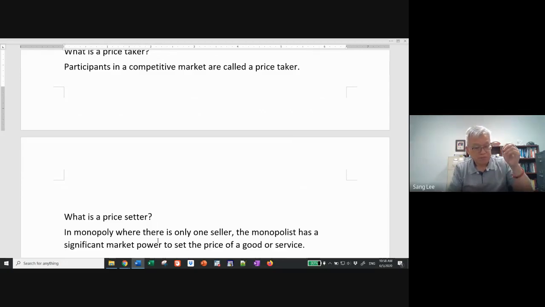Also, any seller in a perfectly competitive market will not have any incentive to offer a price discount. Why? Suppose John is a pumpkin producer.